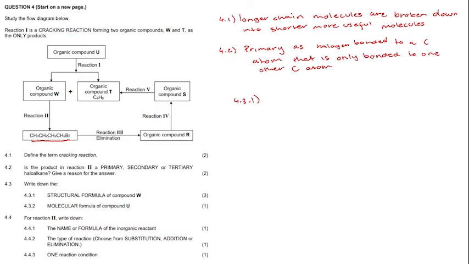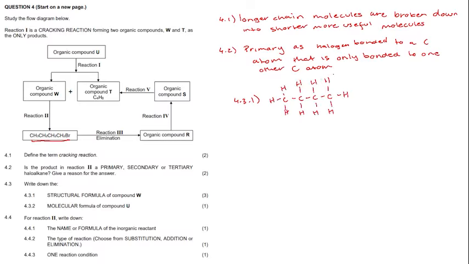And we know that compound W goes through reaction 2 to form bromobutane. Therefore, the organic compound W has 4 carbon atoms. And since it has no double bonds in reaction 2, therefore it is just butane.